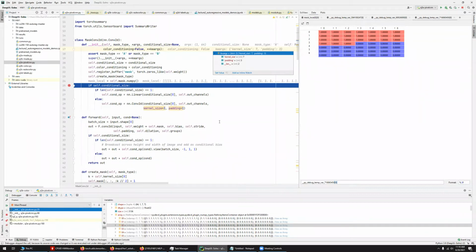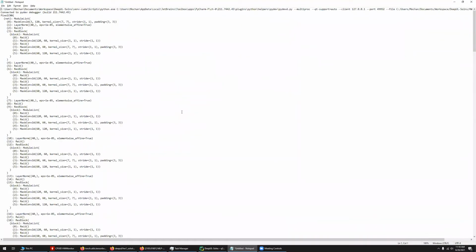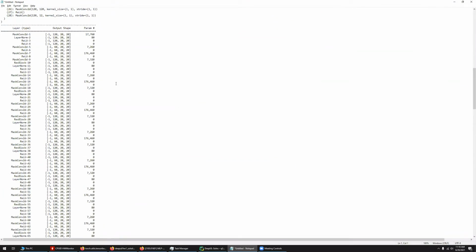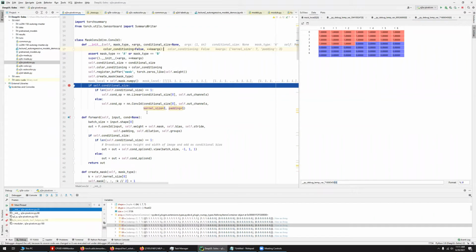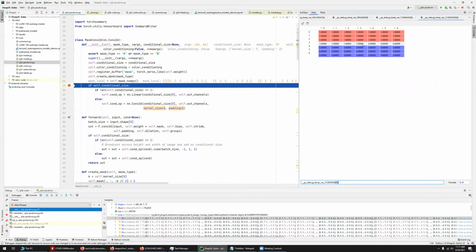Let me go to the type B mask. Let's look at the second set of masks, which is of type B, and we notice that this is 1, but this is a different layer.